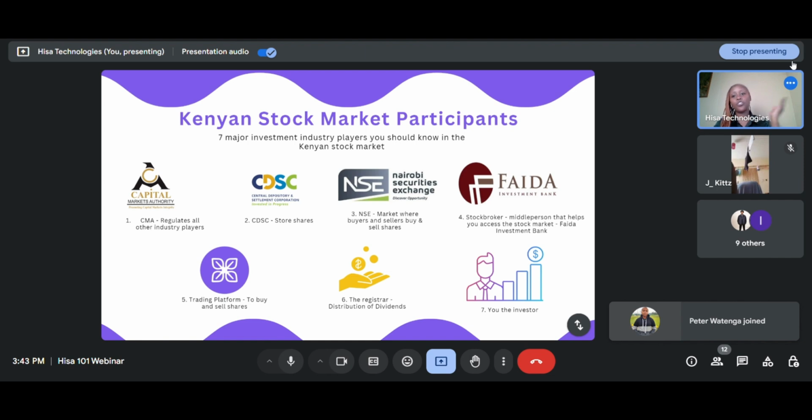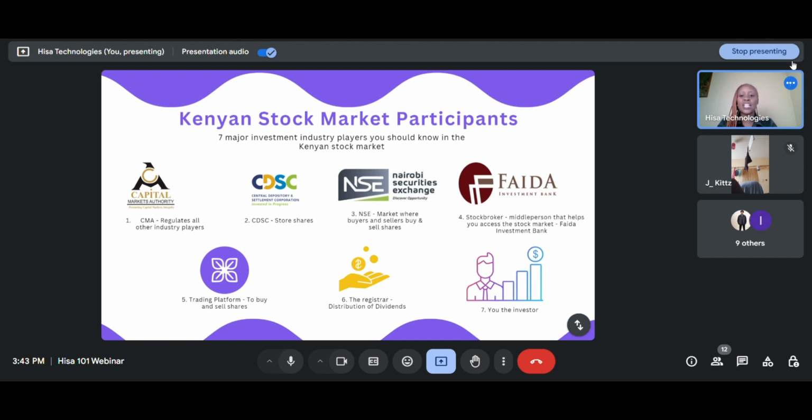That means from your broker to any other participant, has to get a license from CMA. So as a new investor, before you invest in anything, not only when you're investing in shares through Hisa, but also any other investment in Kenya, make sure that that institution is licensed by CMA, and you can get the list of licensees on the CMA website. That is participant number 1.